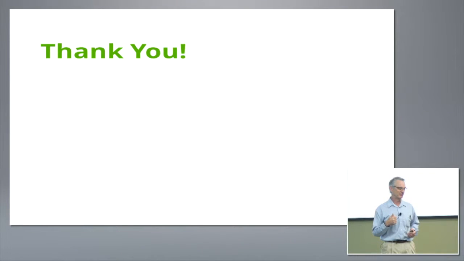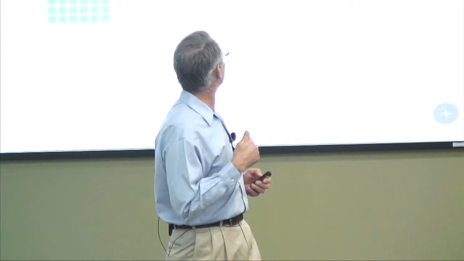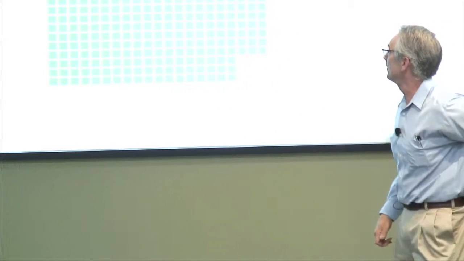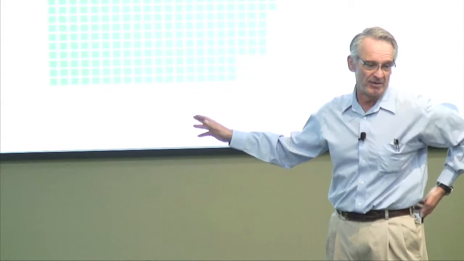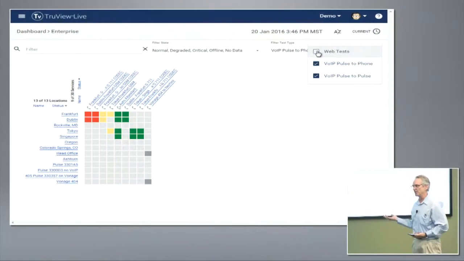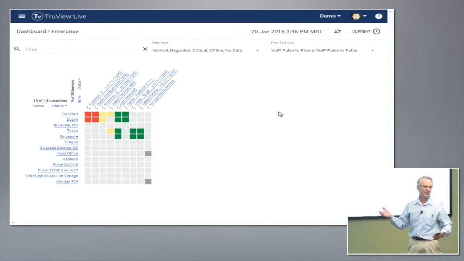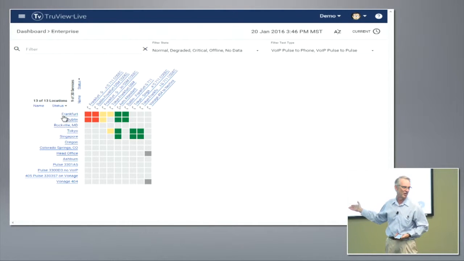All right, we're going to demonstrate this working. So Jason, off we go. We've seen this enterprise dashboard before, and if you're sharing your TruView Live deployment with other people in the company and they have 100 web tests and you've got your VoIP tests, you set up your filters there so you can see what you want to see.